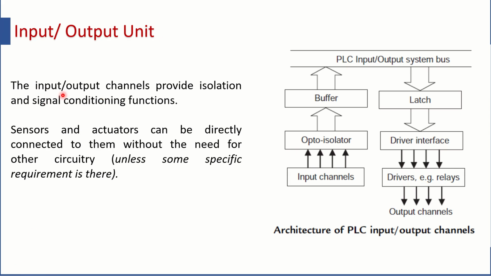Now you can see that input output channels provide isolation and signal conditioning functions. Now this is very important. There should be proper isolation and signal conditioning function when we are talking of direct connection of external sensors, switches, or some external actuator to the PLC. Because unless you have proper isolation, if there is some problem in the input channel, suppose a switch is connected to a typically 10 volt system, but this 10 volt is part of a very big industry electrical network.